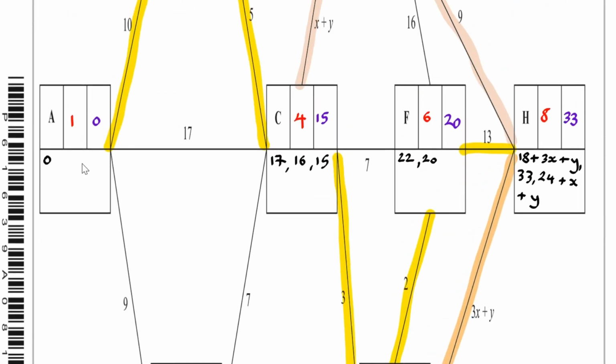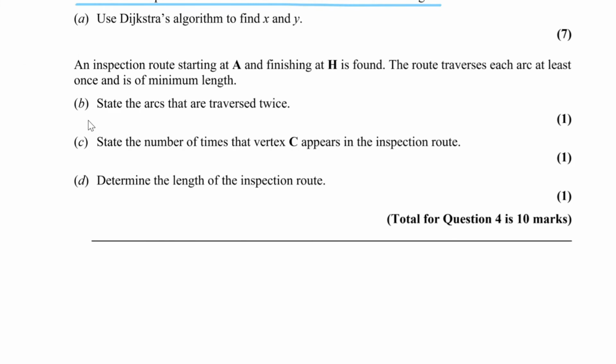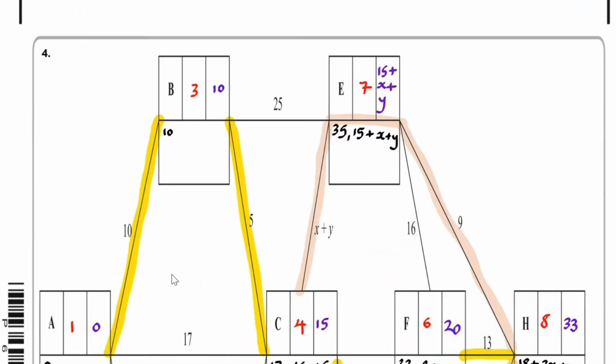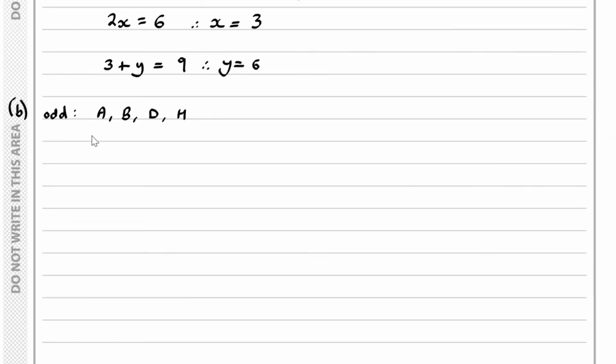And if we state the arcs that are traversed twice, well, the key in this question is to realise that we're starting at A and we finish at H. So we start at A, if we go back here, we start at A, so let's just write this down.